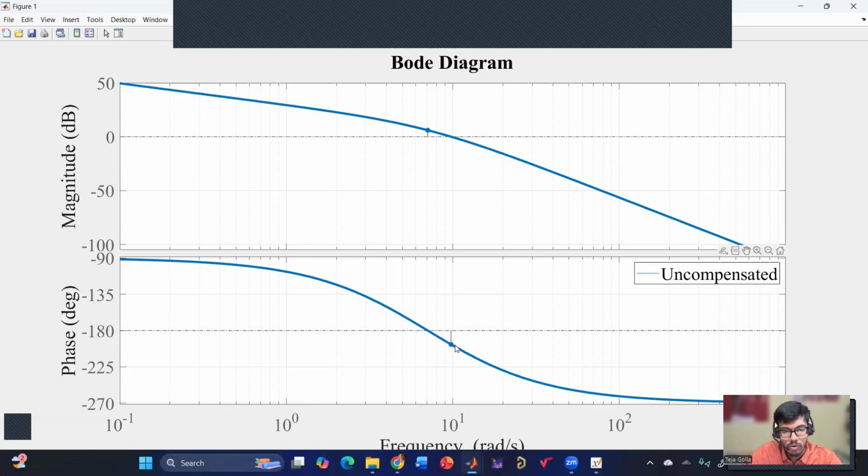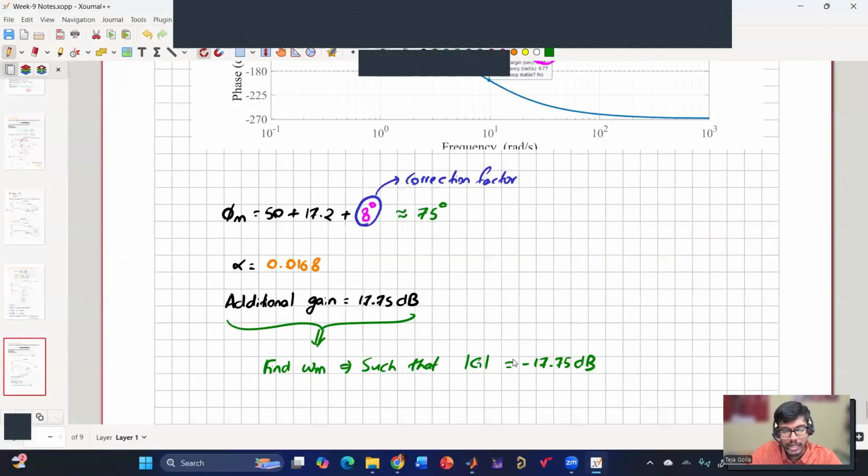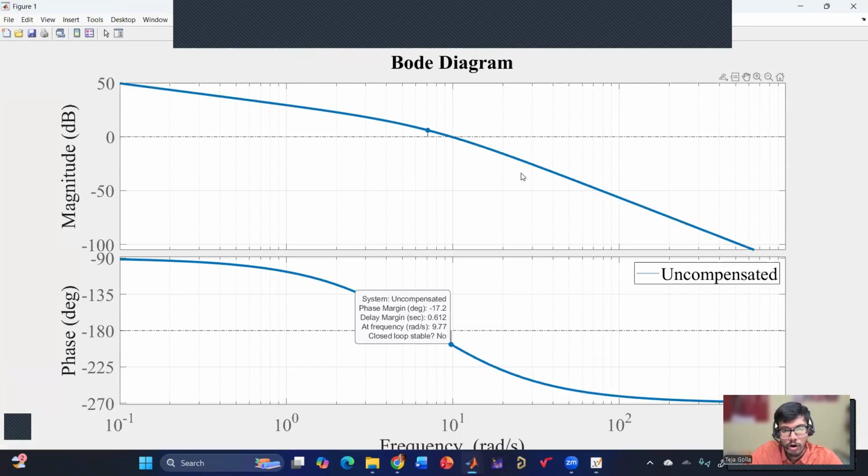Okay. So this is our uncompensated plant. Now what we are doing is trying to find out where I am getting minus 17.75. So that will be my new gain crossover frequency. That is the objective. So let us see minus 17.7. Yeah.